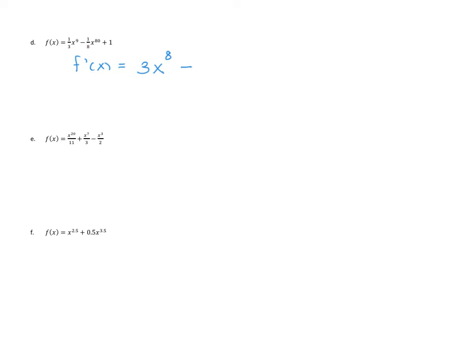That's 80 divided by 8, which is 10, times x to the, and if you subtract 1 from the exponent, you get 79. You would then add on 0, and technically you don't have to write the 0 at the end if you want, and this just means that the derivative of this function is 3x to the power of 8 minus 10x to the power of 79.